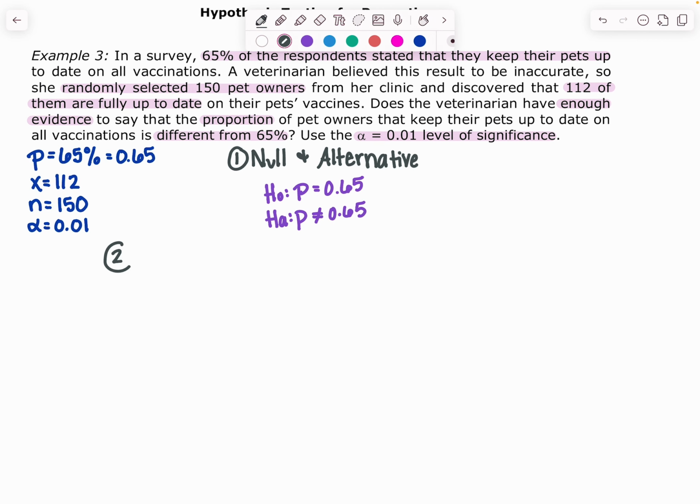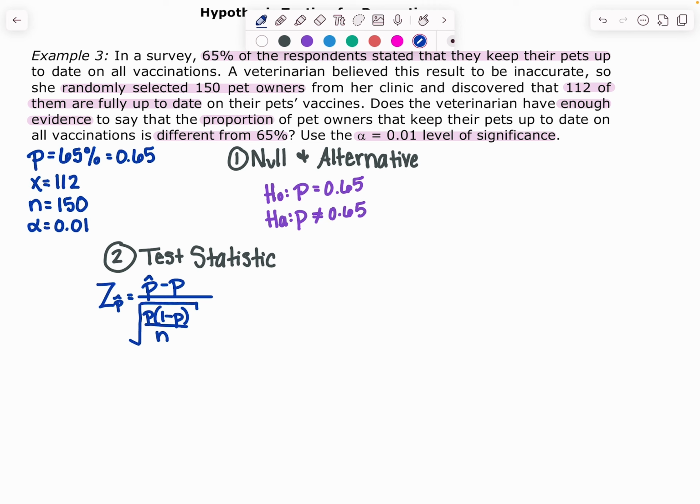Step 2 is the test statistic. So that's using our z-score for proportions. P hat minus P divided by the square root of P times 1 minus P divided by N.